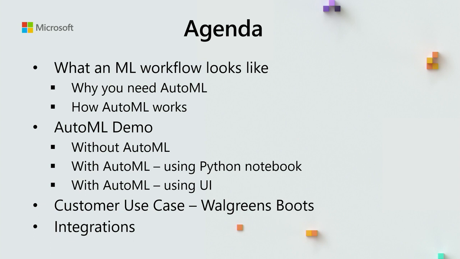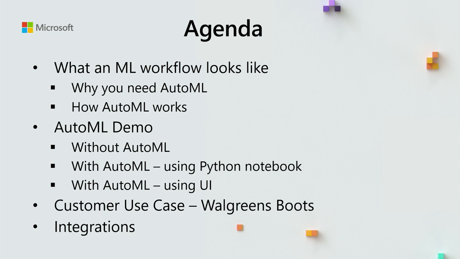Then Francesca will actually walk you through a real use case and how you can use AutoML to build a real machine learning model. Right? Dean from Walgreens Boots, one of our customers, will share his experience of using AutoML and how he was able to do things that he could not without the AutoML.